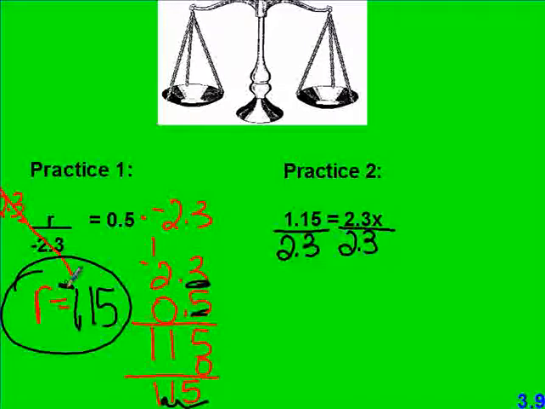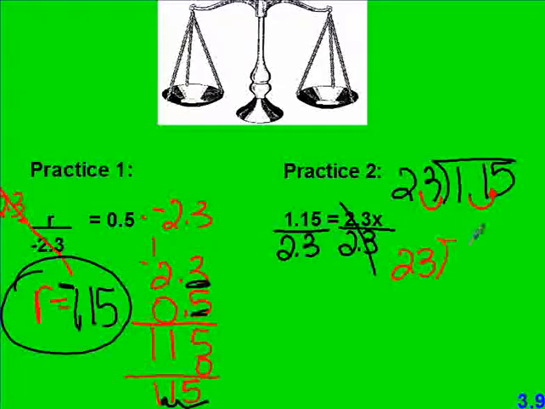Let's get back to practice 2. We divided both sides by 2.3. So 2.3 divided by 2.3, they cancel out. And I now have 1.15 divided by 2.3. Okay, 2.3 can't be the divisor, so I move the decimal one place over each time.